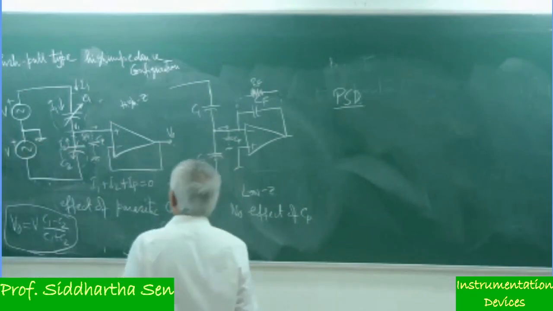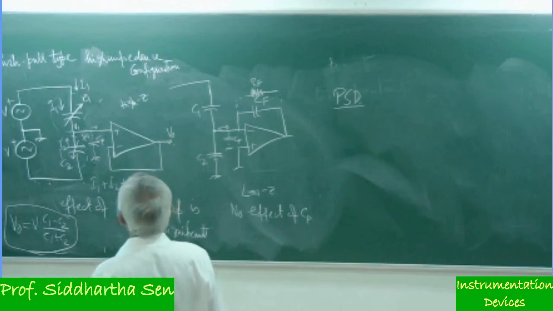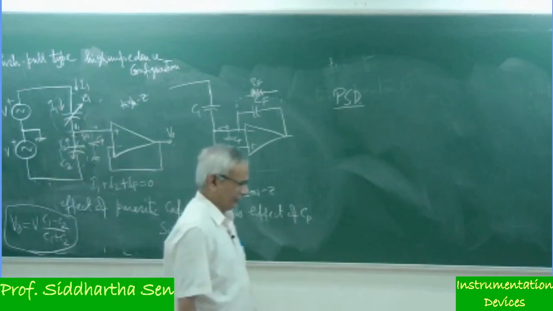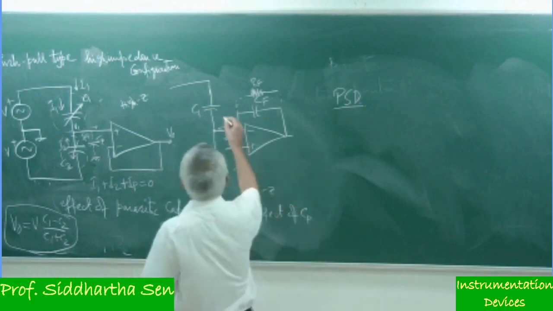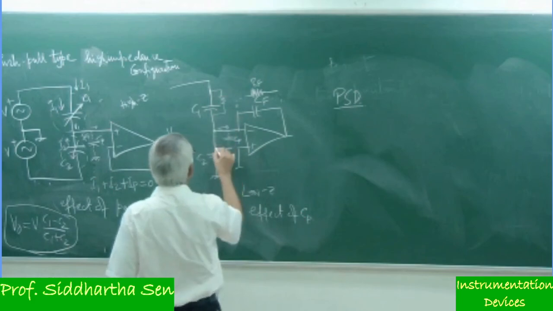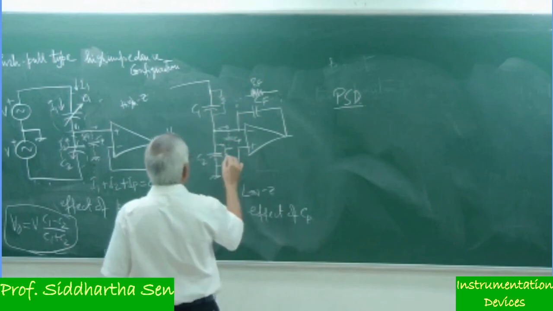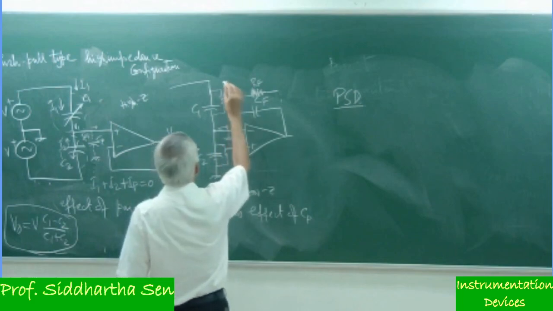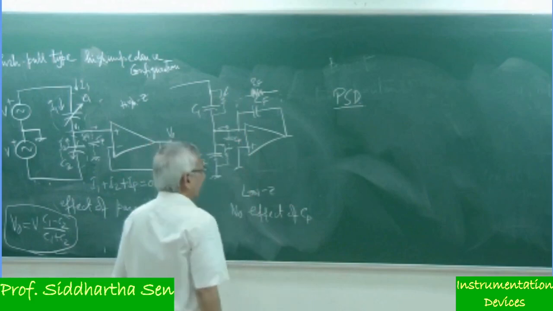But what we are seeing is that these are ideal capacitances. But there could also be leakage resistance, which makes it a non-ideal capacitance.